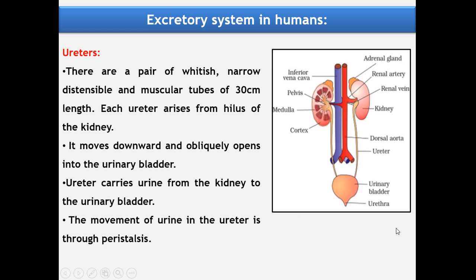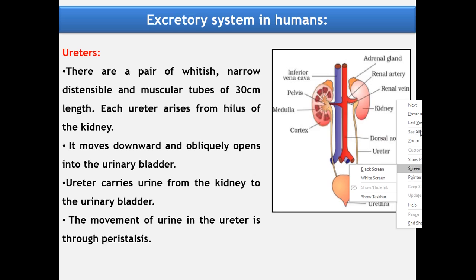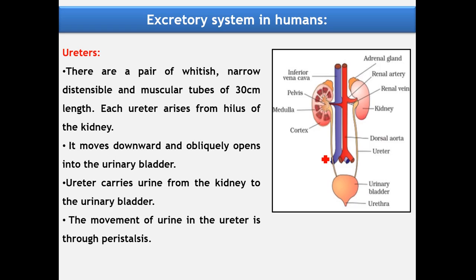The main function of the ureters is to carry the urine from the kidney to the urinary bladder, and this movement of urine is peristaltic movement. We already learnt about peristaltic movement in the alimentary canal or esophagus: the rhythmic contraction and relaxation of muscles to move food or any substance forward is called peristalsis. Here the urine from the kidney to the urinary bladder also moves in the same manner.